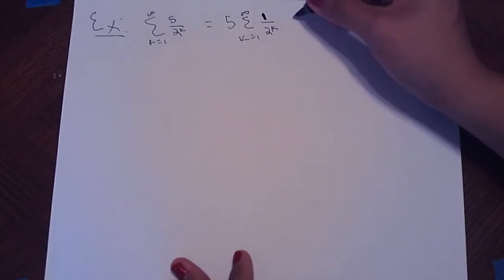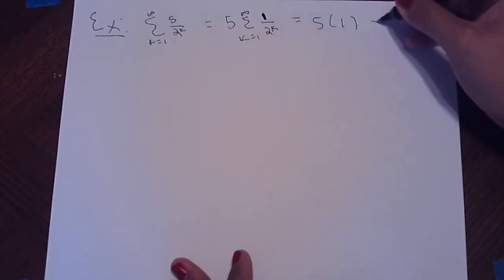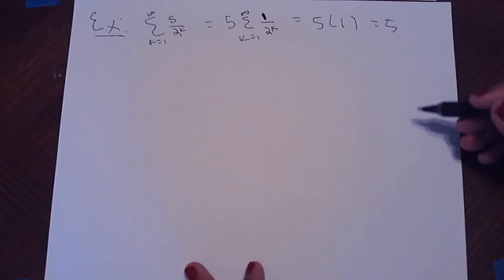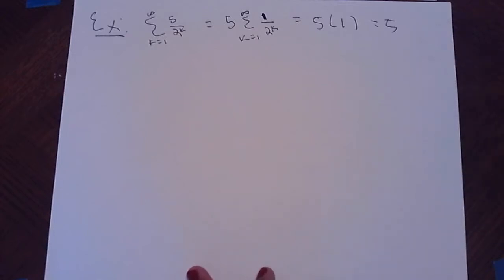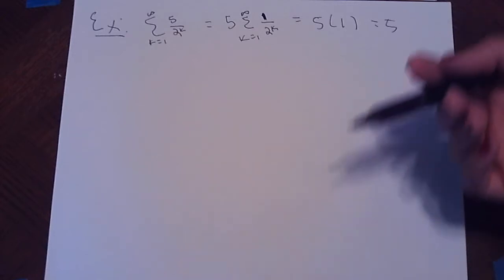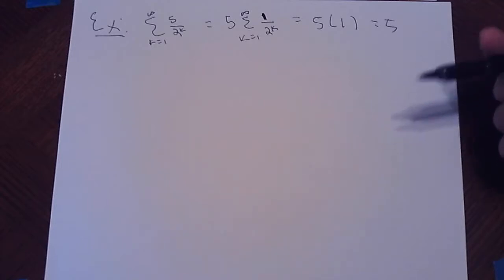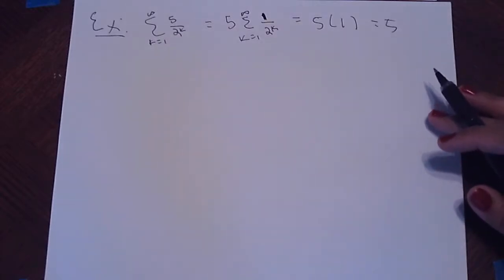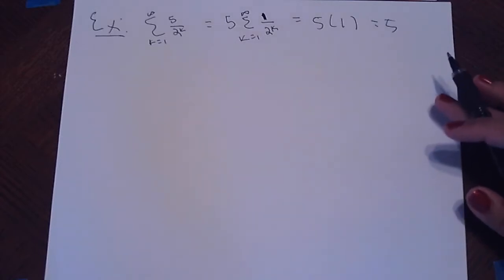We know this piece adds to 1. So this comes out to 5. And notice we didn't have to pattern recognize again with a new function. We just turned it into something that we had already seen before to simplify this.